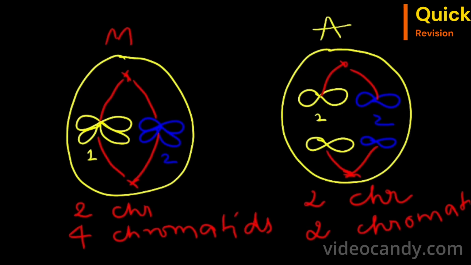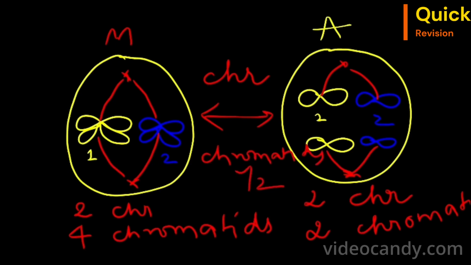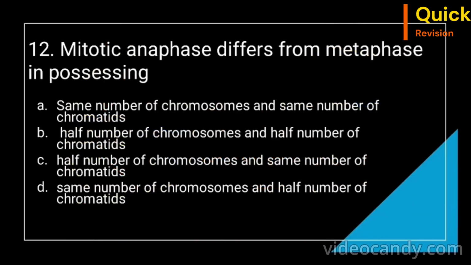That means in both anaphase and metaphase the chromosome number is the same, but the chromatids became half. Remember that the chromosome number is the same but the chromatids became half. Let's go back to the question.